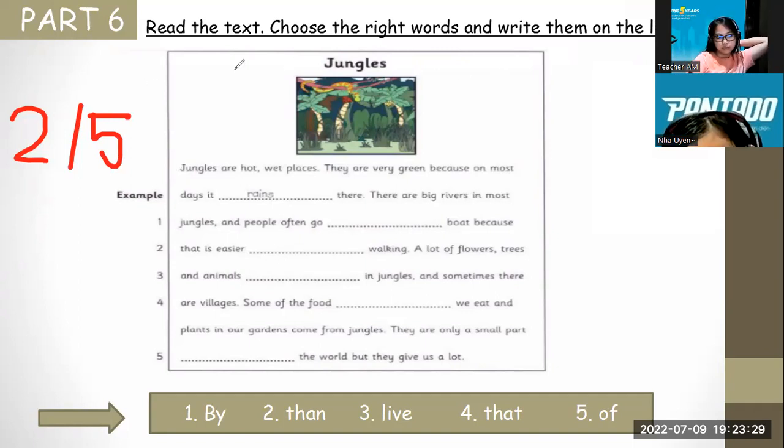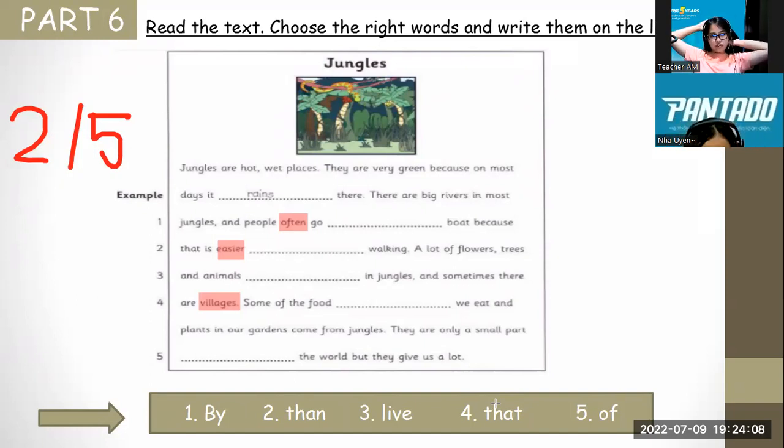A lot of flowers, trees, and animals live in jungles, and sometimes there are villages. Some of the food that we eat and plants in our gardens come from jungles. They are only a small part of the world, but they give us a lot.